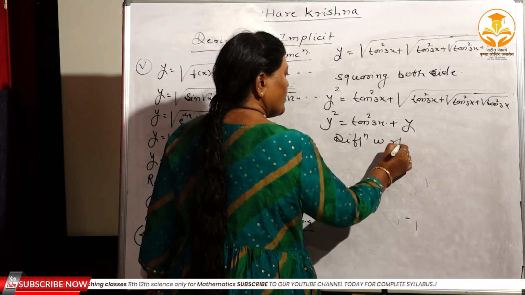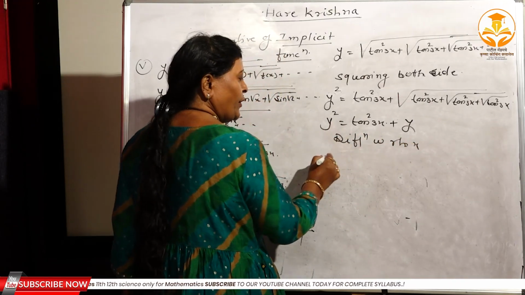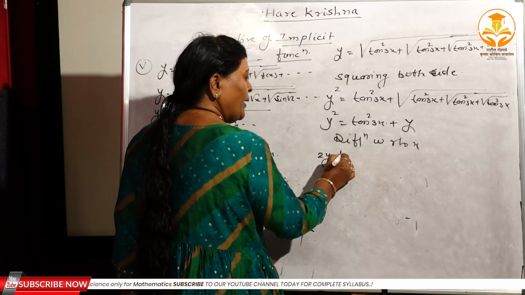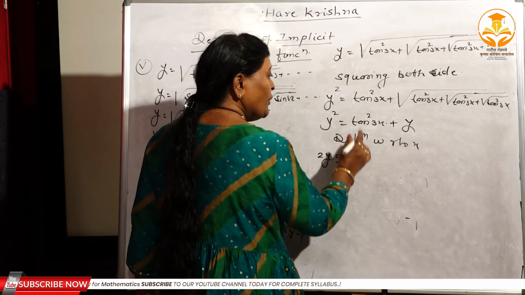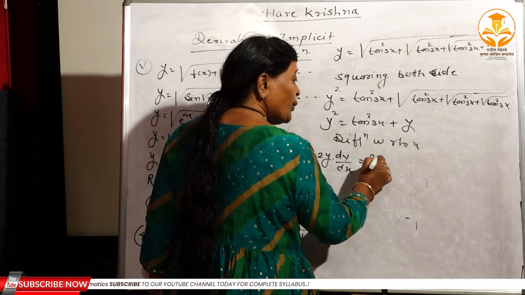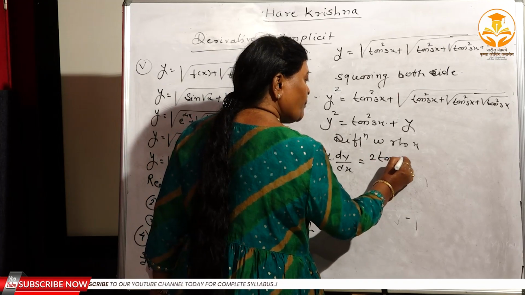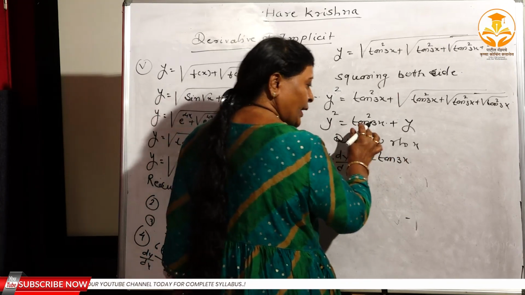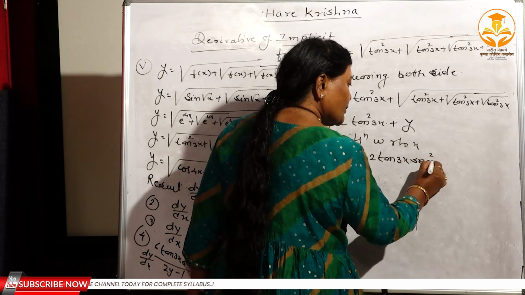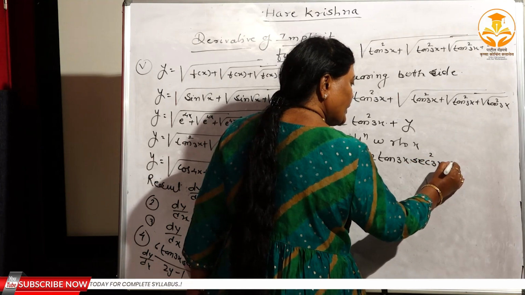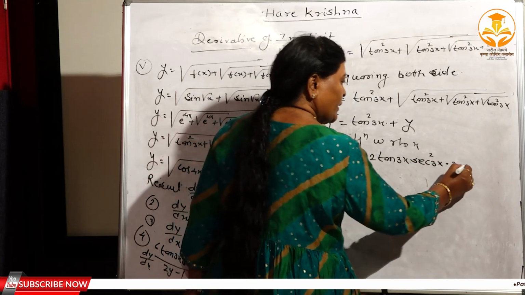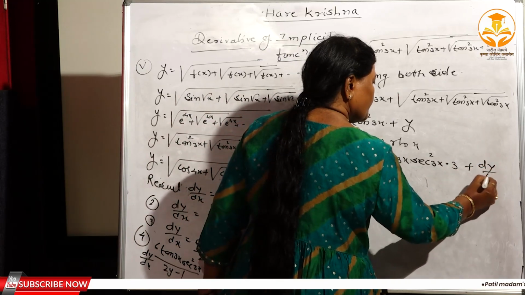Now differentiate with respect to x. Therefore the derivative of y square is 2y into dy by dx. Again u square means 2u, that is 2 tan 3x. Again the derivative of tan 3x is sec square 3x, and the derivative of 3x is 3, and here dy by dx.